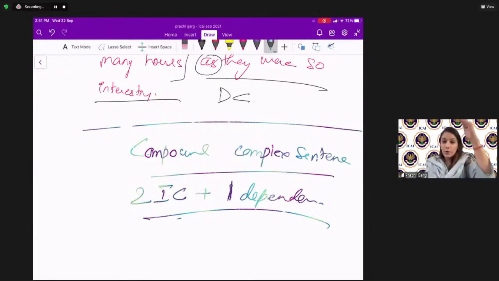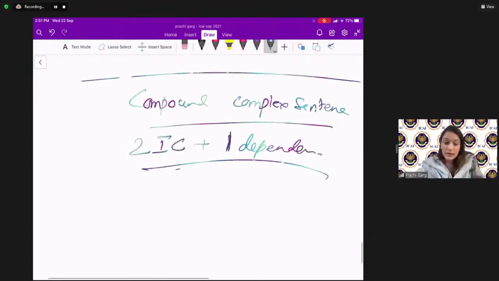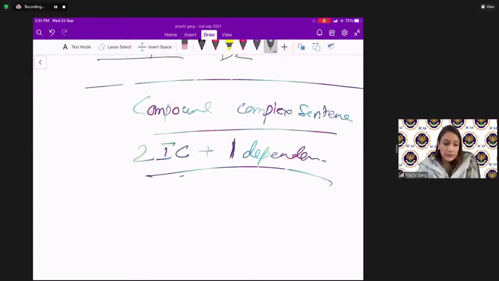Let's come back to the compound complex sentences. So this one has two independent clauses and one dependent clause. Let's quickly look at this example here.